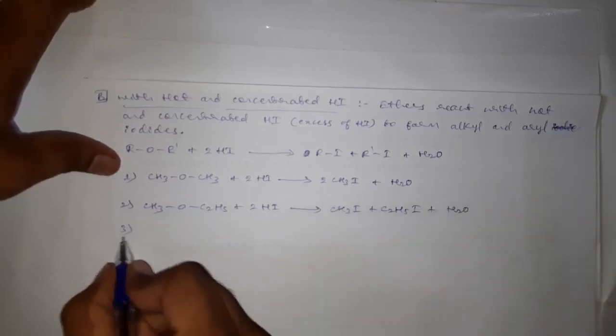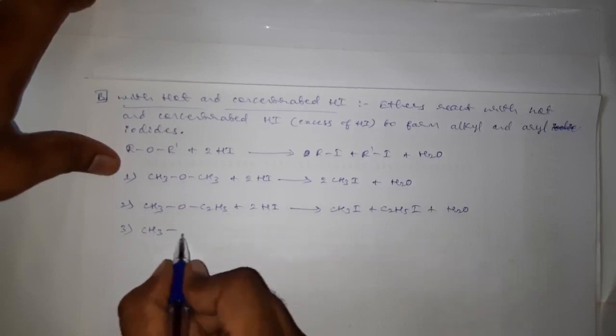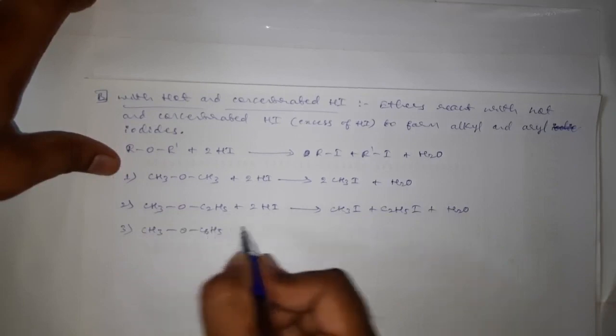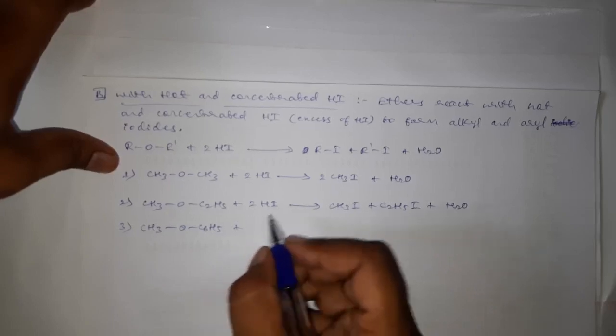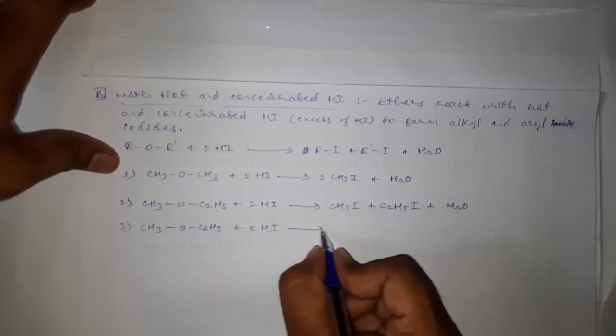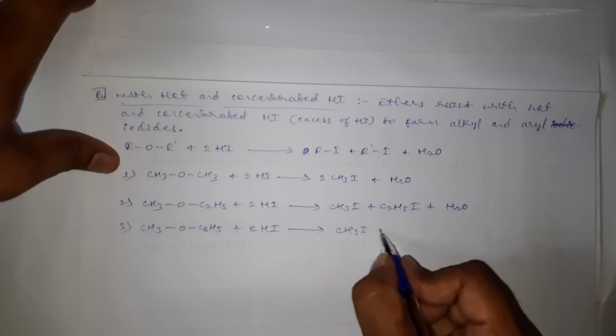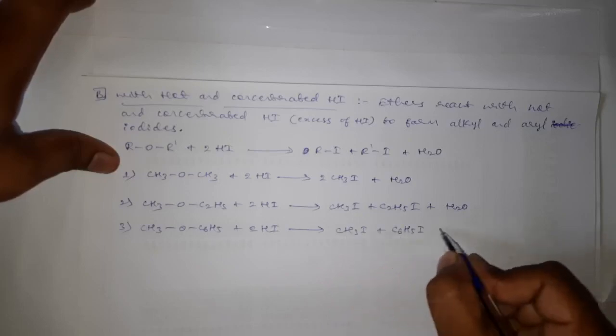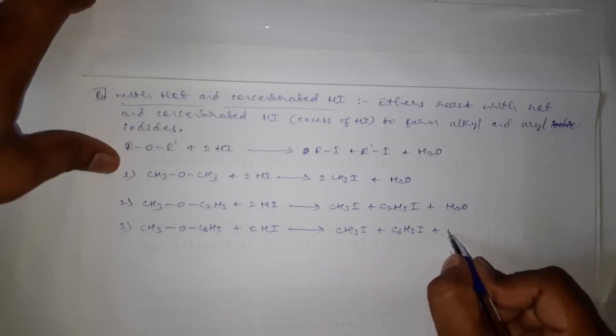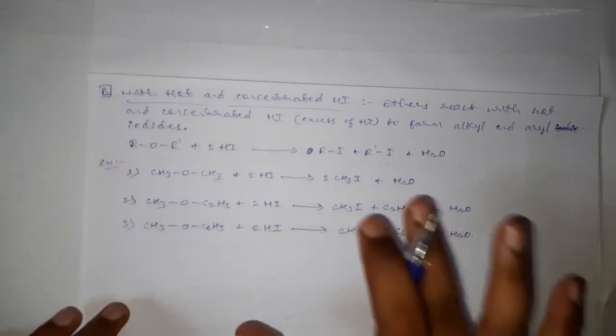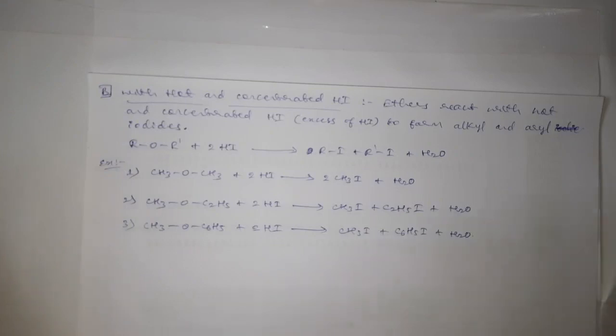Or we can take C6H5OCH3, an unsymmetrical ether containing benzene ring, giving methyl iodide, benzene iodide and water. This is the reaction of ethers with hot and concentrated hydroiodic acid. Both symmetrical and unsymmetrical ethers react to form their corresponding iodides.